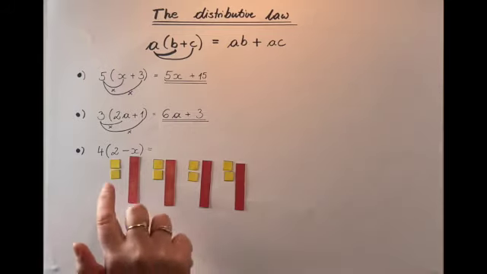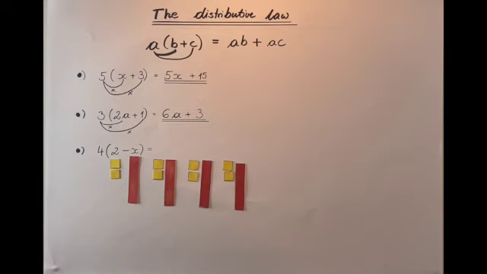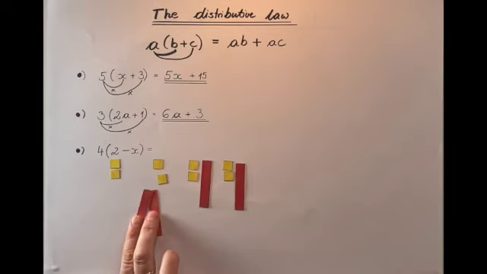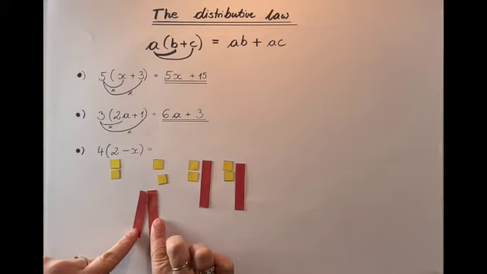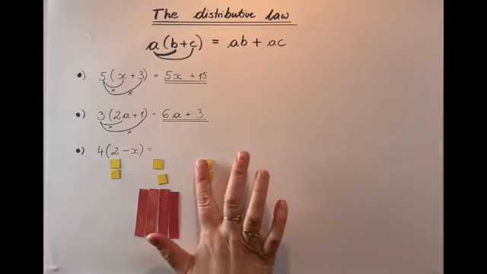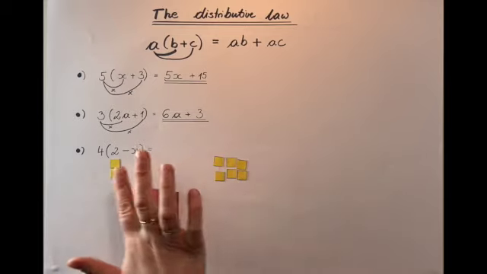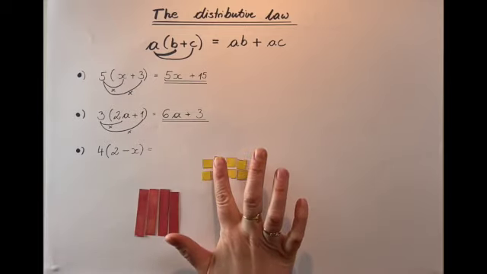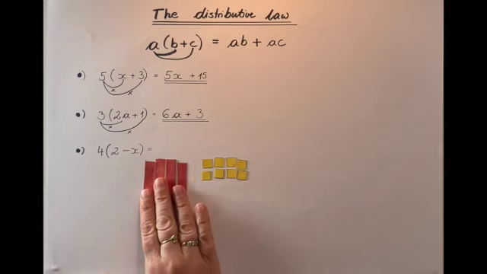So now I've got 1, 2, 3, 4 packs of this expression in the bracket here. And I'm going to simplify that by collecting my like terms.